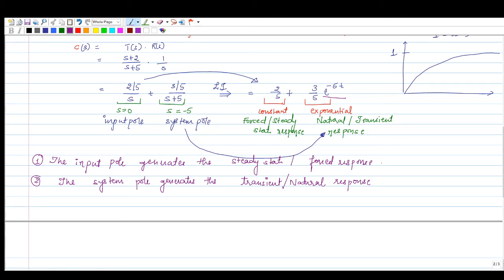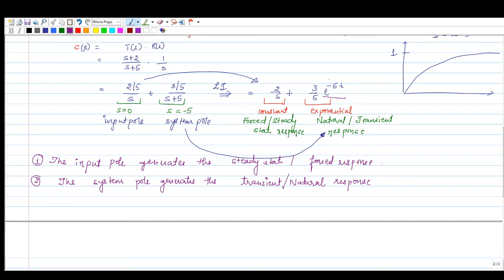The 2 by 5 and the 3 by 5 amplitudes can change. But the exponential term will remain the same if you keep the system pole as it is. When we change the system pole, this exponential term changes. If you take s is equal to minus 2, this becomes e raised to minus 2t. Always the exponential term is dependent on the system pole.